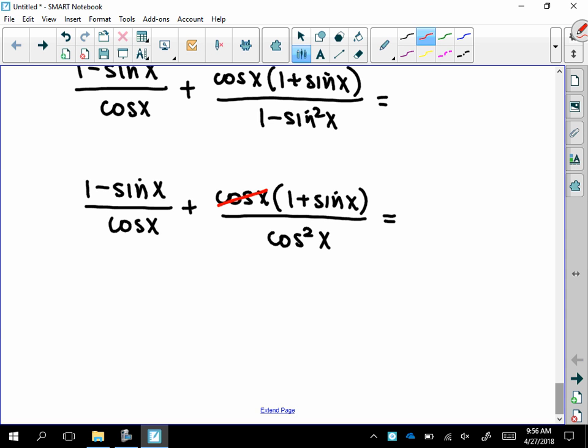And that cosine cancels with one of those. Okay? Now we have a common denominator, right?